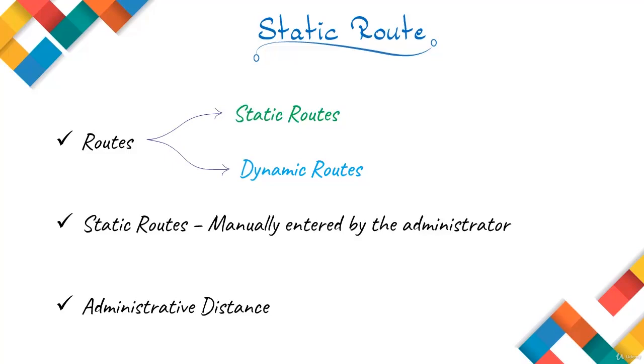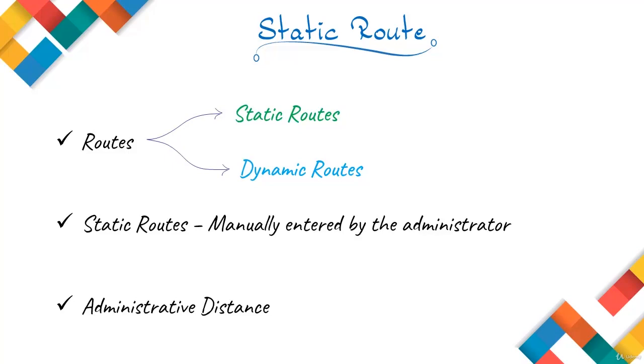Static routes are of three types. The first one is directly connected static route. The second one is fully specified static route, and the third one is called backup static route. Directly connected static routes are routes in which the administrator specifies the output interface through which the packet has to be forwarded so that it reaches the destination.